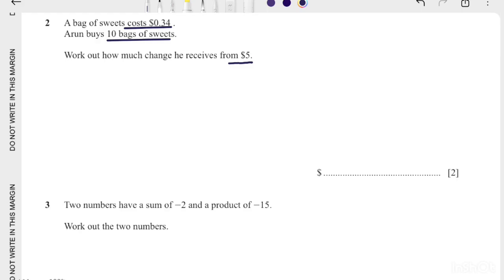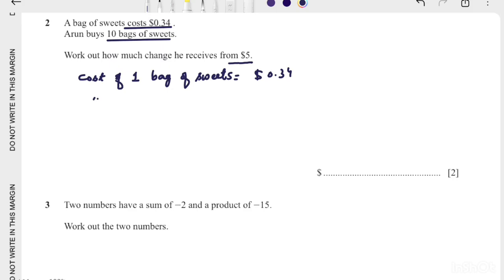We can write an appropriate statement for this question. Cost of one bag of sweets is equal to $0.34.